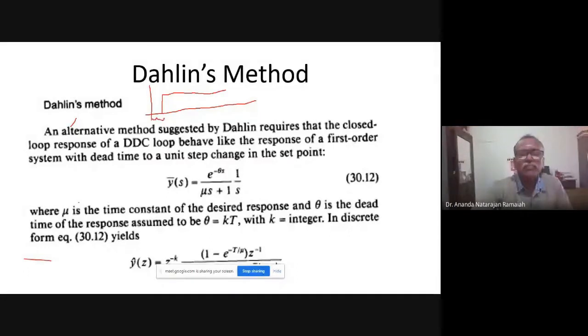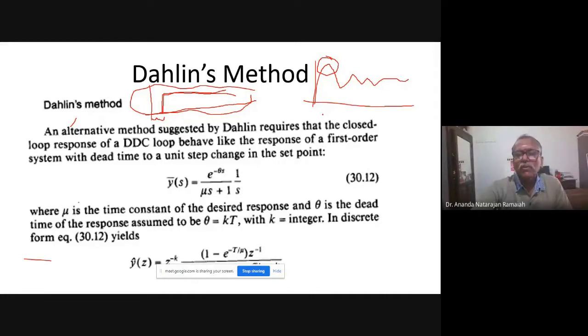That's why the response will be too oscillatory, and large overshoots will be there, because we are forcing the system to settle in one sampling period. That's why the controller will give a huge amount of control action within that first sampling period. So large overshoot and large oscillations will be there in the deadbeat algorithm.